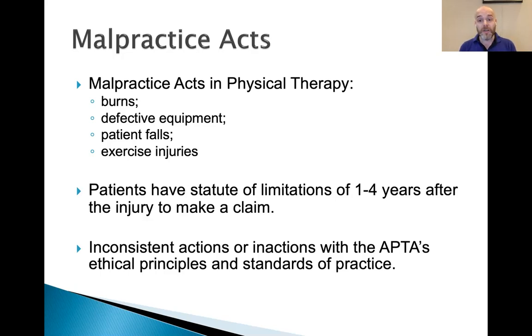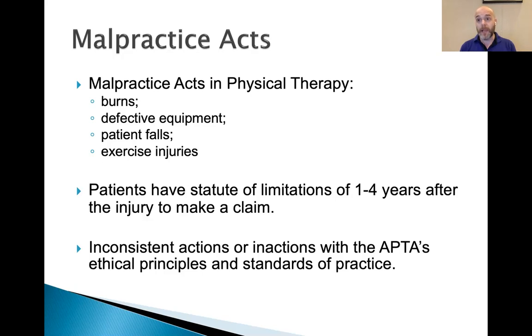While somebody is under your care, you can have no other type of relationship or contact with them whatsoever. Now, if you did go into an inappropriate sexual relationship with a patient of yours, you're not going to go to jail because you're not breaking any federal law, but you're breaking a lot of ethical principles and standards of practice.